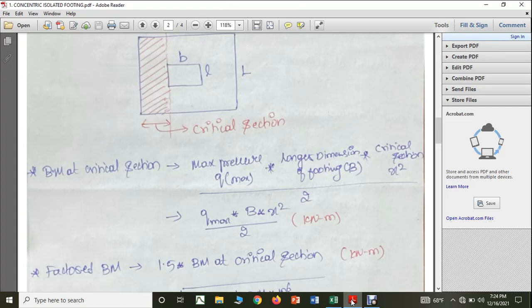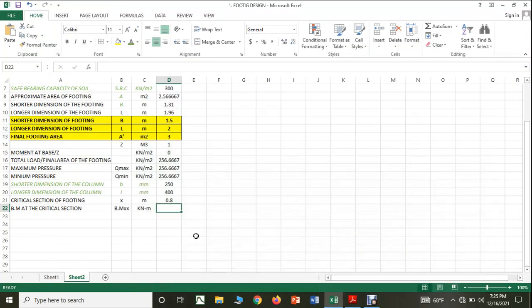How to calculate that bending moment at critical section? It is maximum pressure, that is Q max, multiplied by longer dimension of the footing, multiplied by 2 times the critical section. Everything is in meter. So now I can give enter.